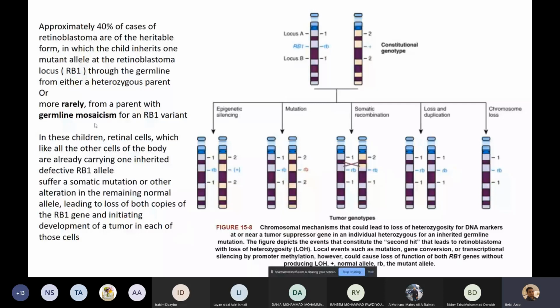In this context, what we're saying is an inherited mutation in the RB1 gene is taken from a parent who has an RB1 gene mutation in all of their tissues, or a parent who has an RB1 gene mutation only in their reproductive organ tissues. Make sense?